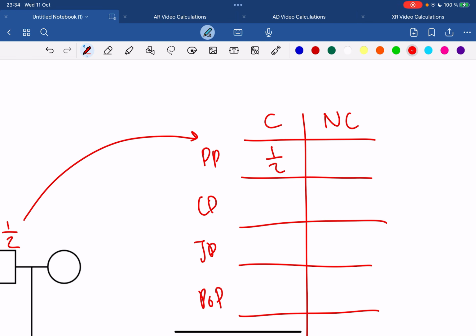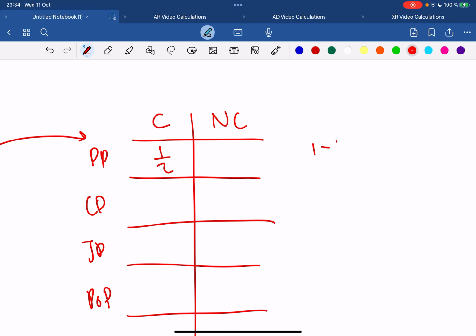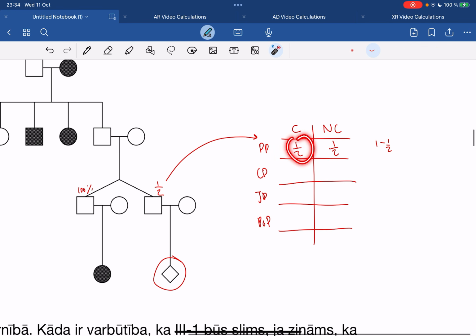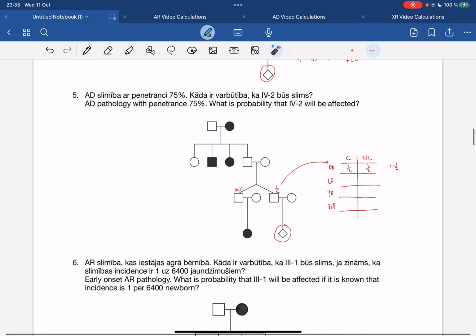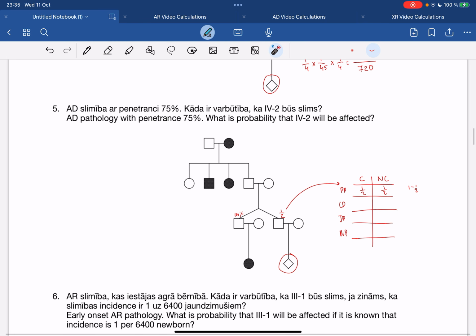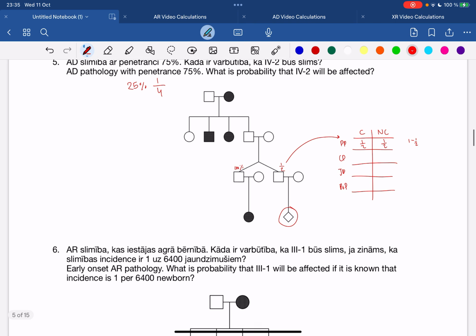So 1/2 there. 1 minus 1/2, which is 1/2. Where did I get the 1/2? Well, that's because it's 50% of that. And then conditional probability is the chance for the person to be healthy and skip the penetrance. So if the penetrance is 75%, the chance to be healthy is 25%, or 1 in 4.